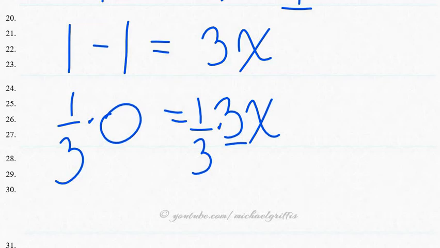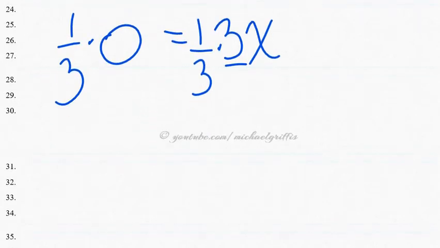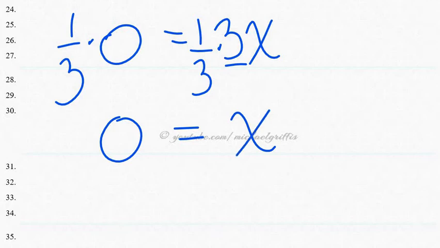And of course a number times 0 is just 0. So we end up with 0 is equal to x. Therefore, 0 is our solution, but we should always check that.